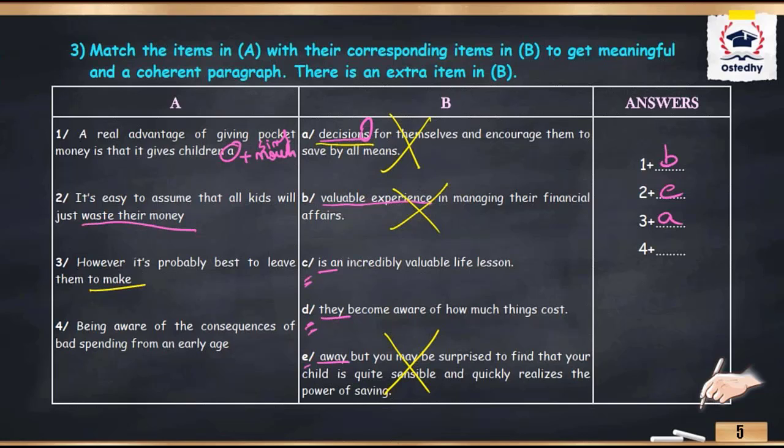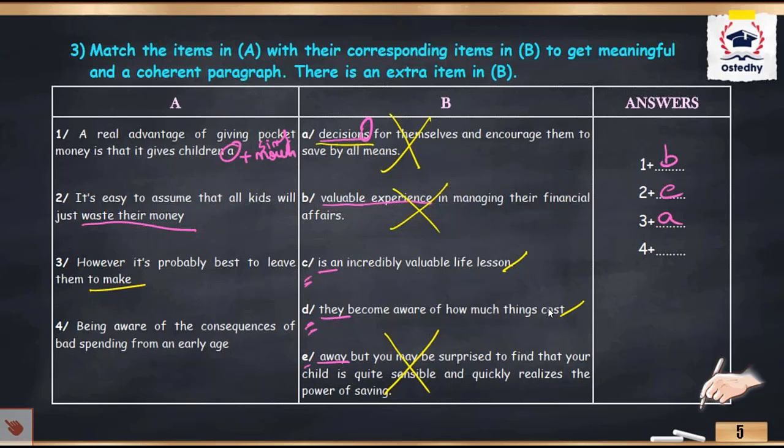Being aware of the consequences of bad spending from an early age. Okay. All that is a subject. So what do I need now? I need a verb. So which sentence of the 2 left has a verb?